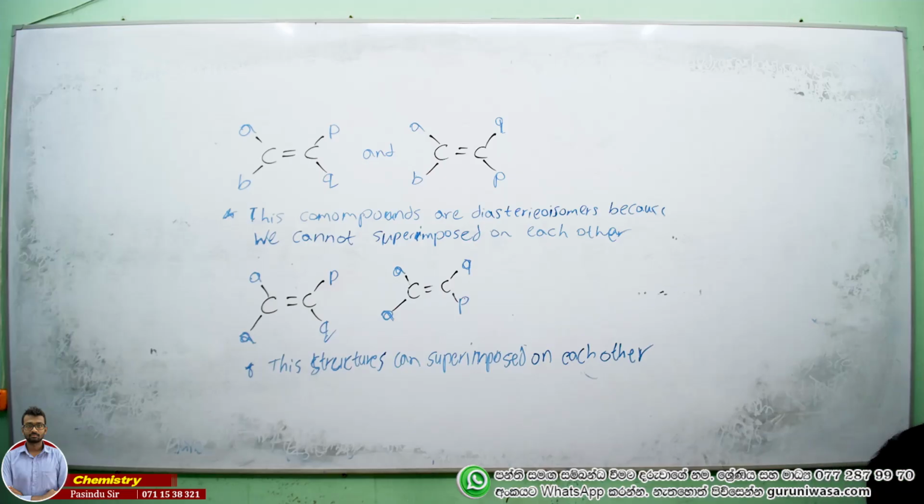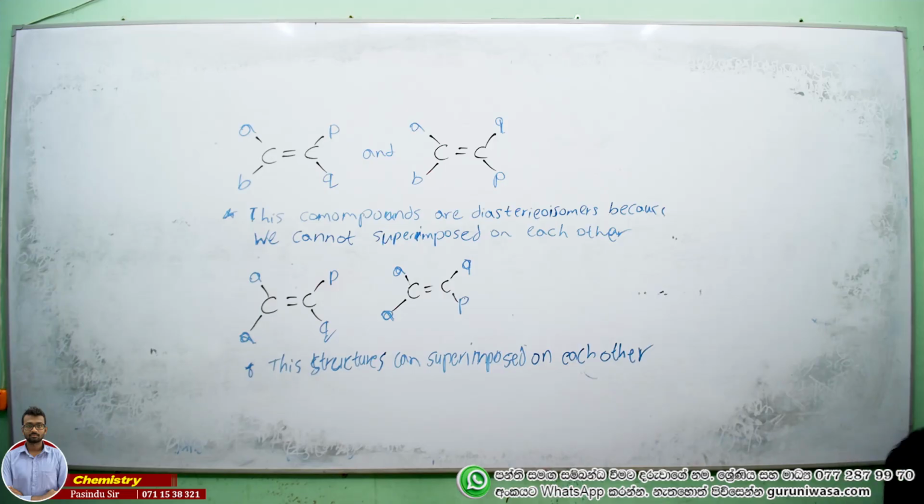Next point, a C=C double bond has a sigma bond and a pi bond.